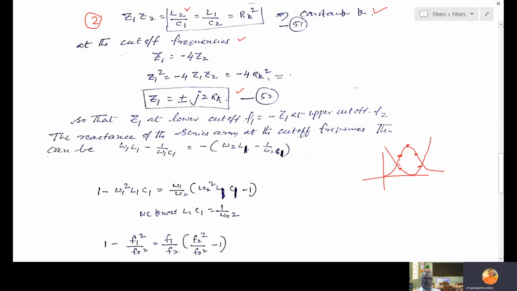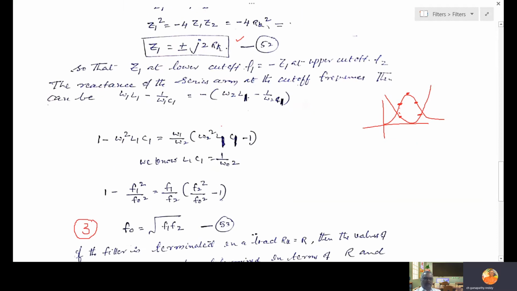This is based on the above statement: Z1 at lower cutoff equal to minus Z1 at upper cutoff. Here omega 2 is substituted, here omega 1 is substituted. They are not exactly equal, but with the minus sign, they are equal. Further, you simplify, substitute this equation and carefully observe.